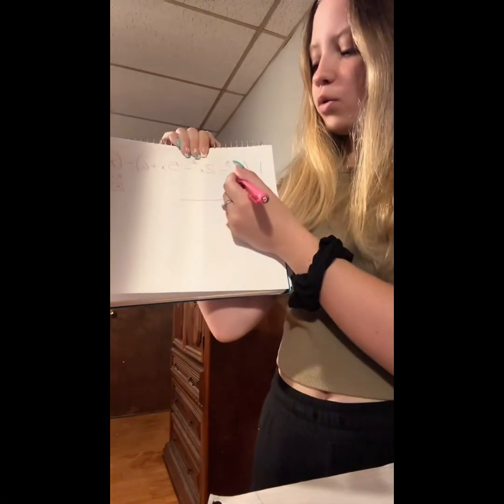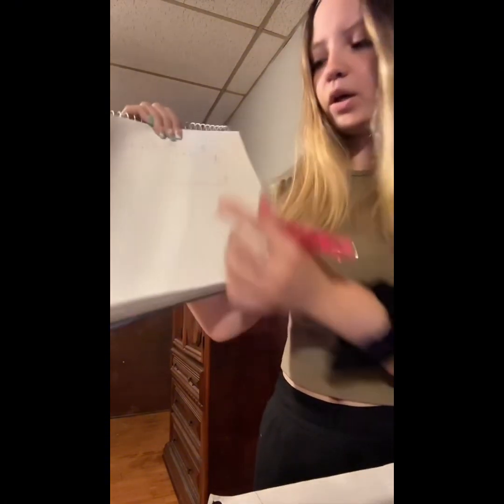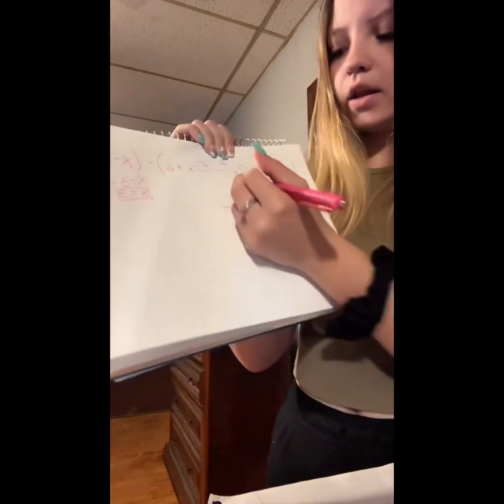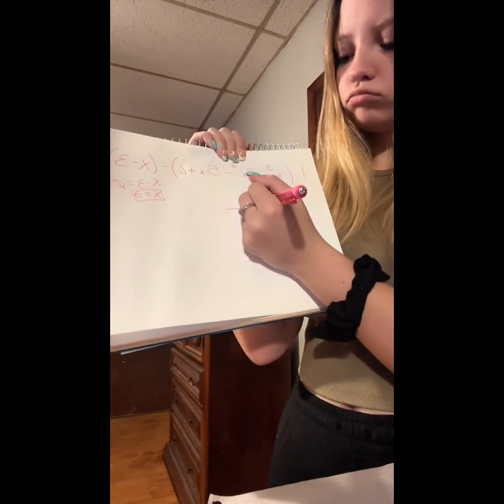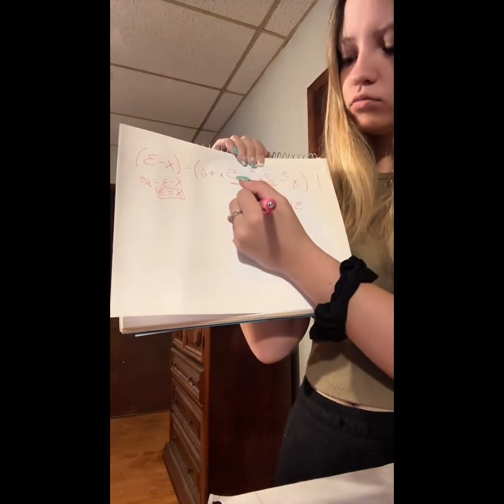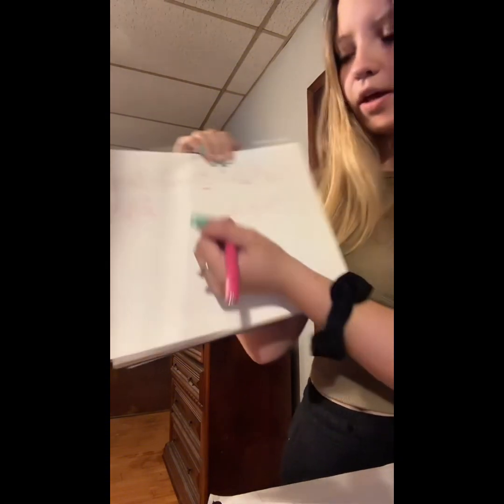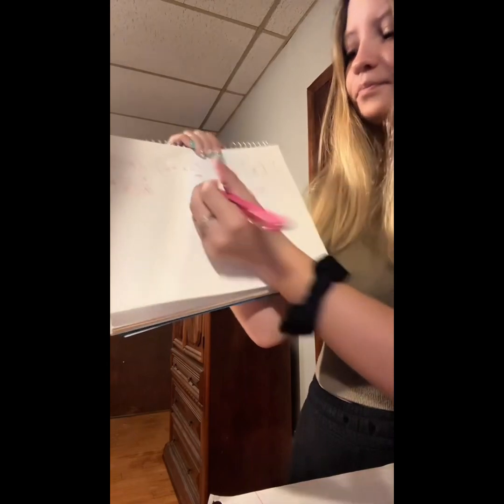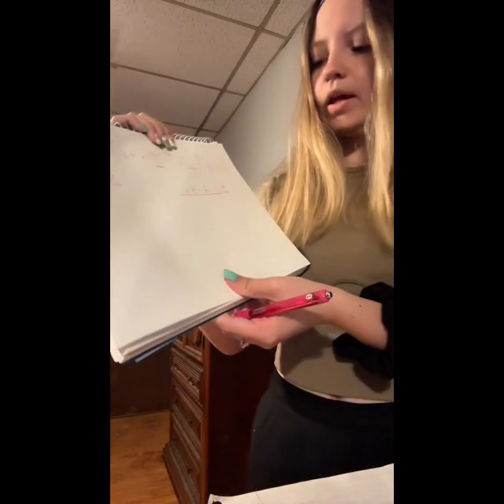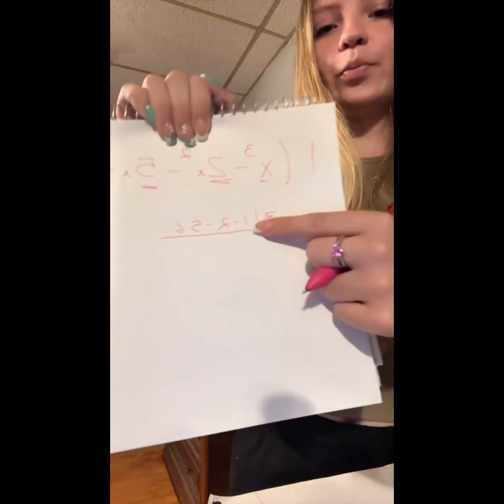So first one would be 1, and then negative 2, and negative 5, then 6. Then you're going to bring down this 1.